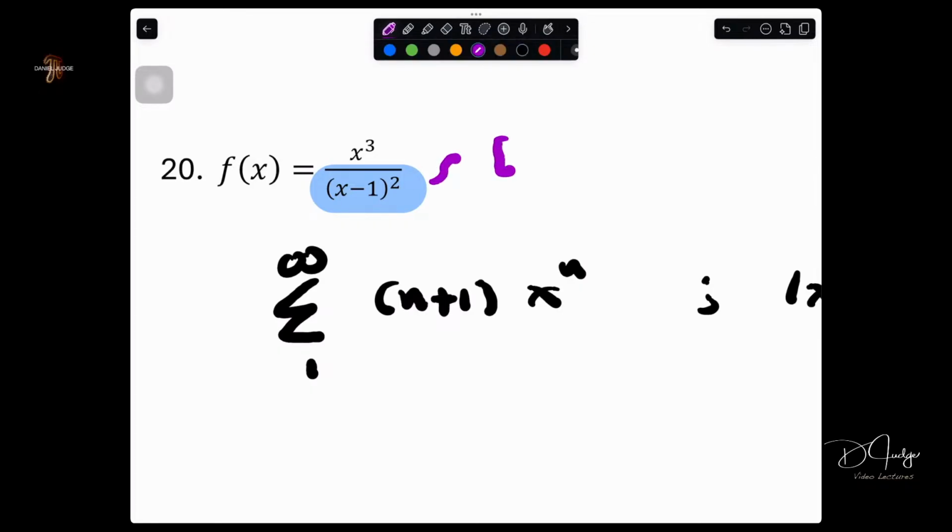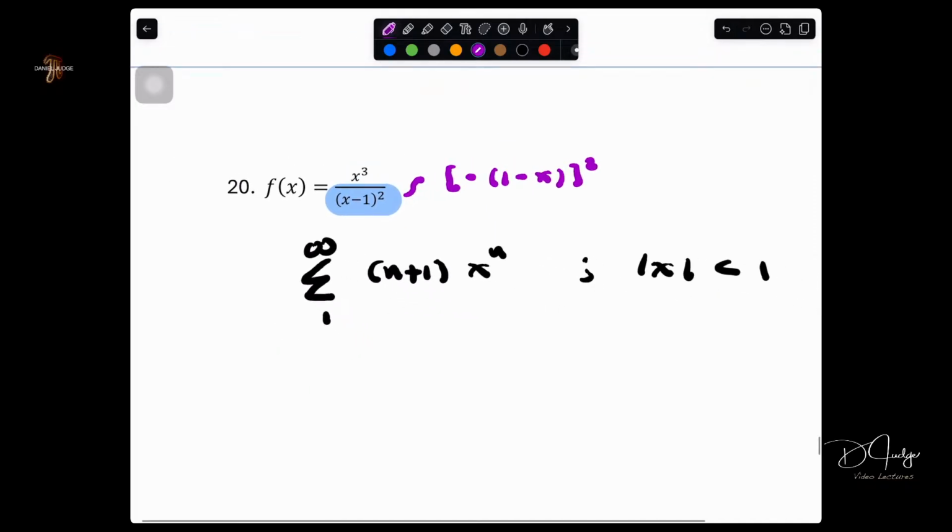This is what I mean. I can factor out a negative 1 so that denominator could be written this way. And that's really negative 1 times 1 minus x, squared.